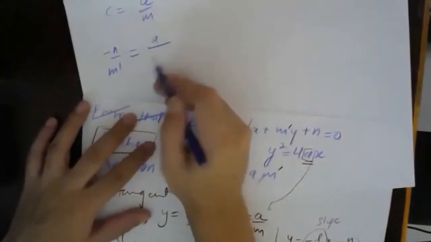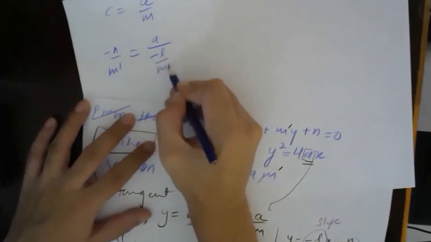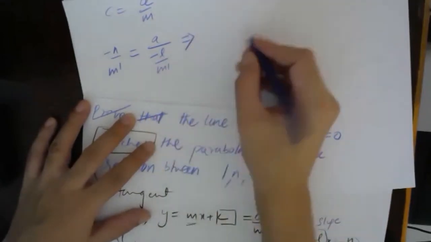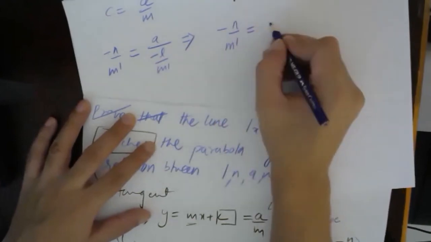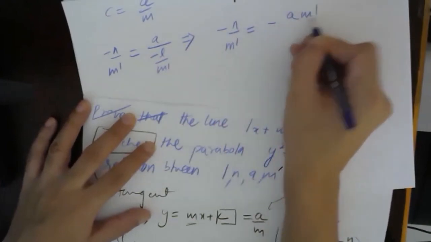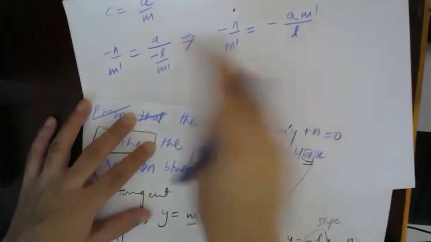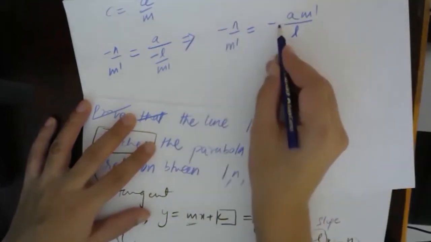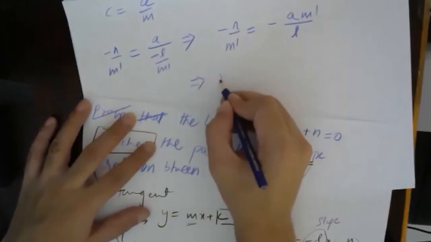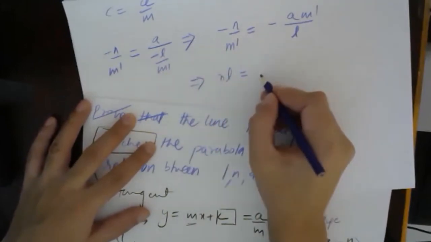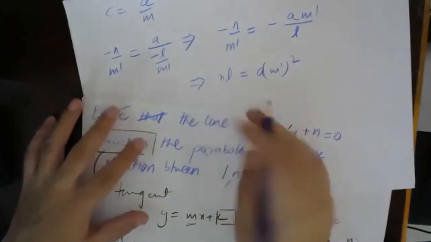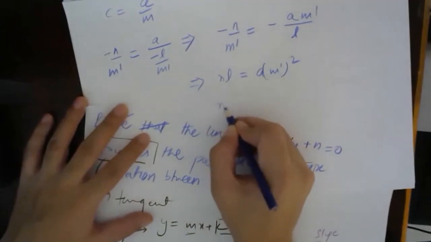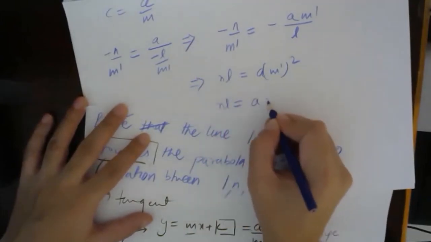So minus n by m dash equals minus A m dash by L. If I cross multiply, minus and minus get cancelled. So n into L equals A m dash whole square. So the relation between A, L, N and m dash is NL equals A m dash square.